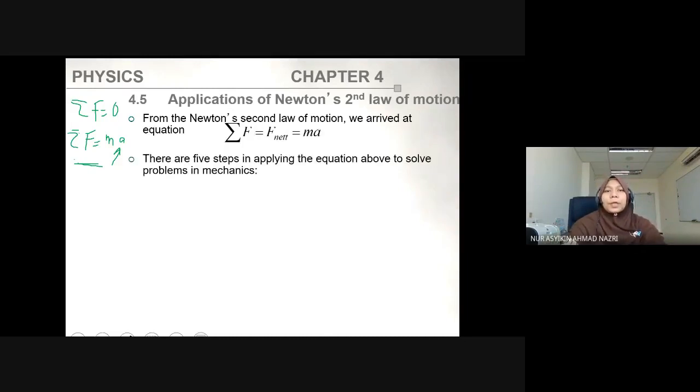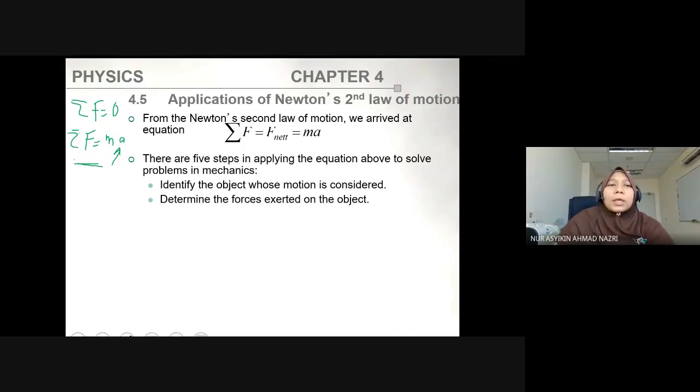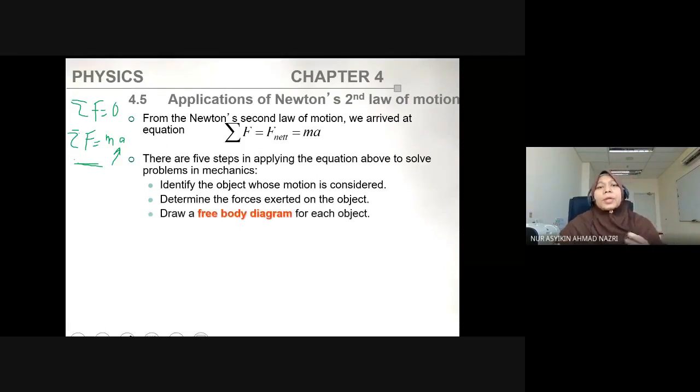Alright, so here, suggested 5 steps, so that it is easier for you to solve cases related to Newton's second law of motion.